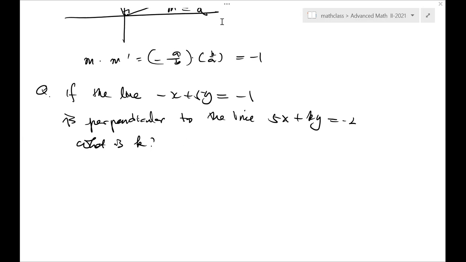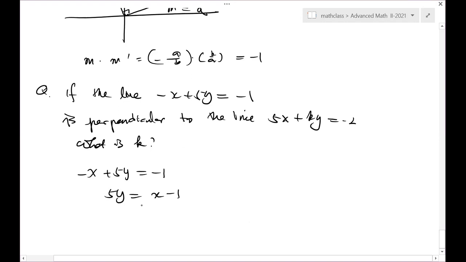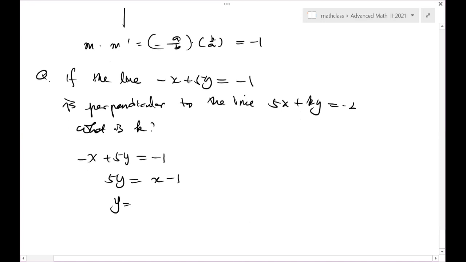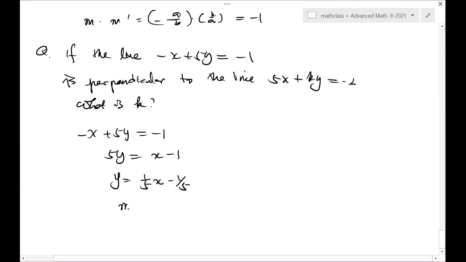All right, so let's figure out how to do the problem. First of all, the line negative x plus 5y equals -1, you have to rewrite it in slope-intercept form. So 5y equals x minus 1, y equals 1 over 5 x minus 1 over 5. So from here, you know the slope is 1 over 5.